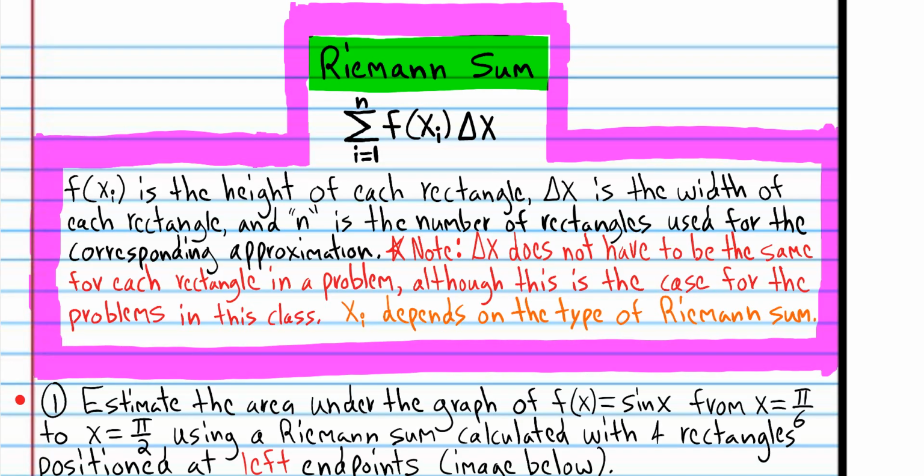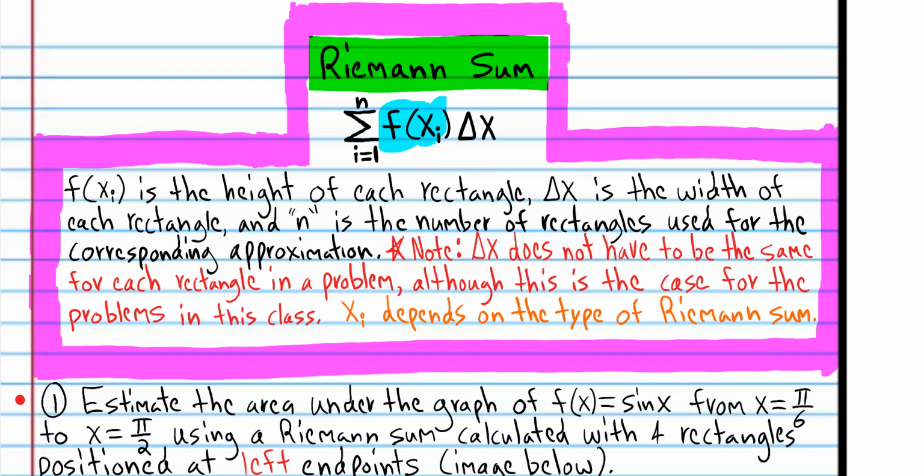We could use a sum with left endpoints or right endpoints, and we're going to learn later on in this course that we could be using Riemann sums with midpoints. So that's why we write x subscript i. It's kind of ambiguous what that really means.